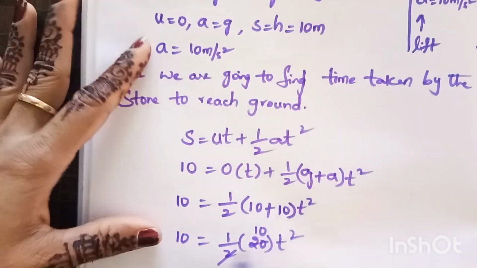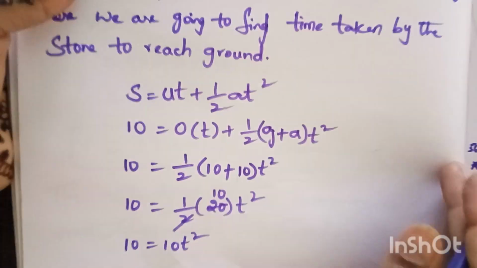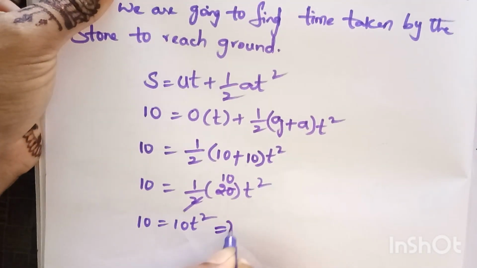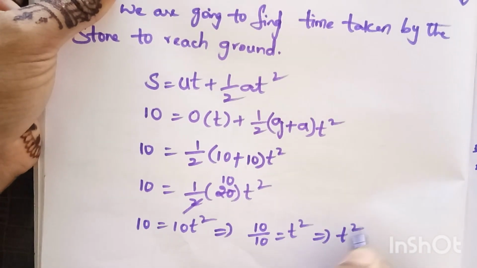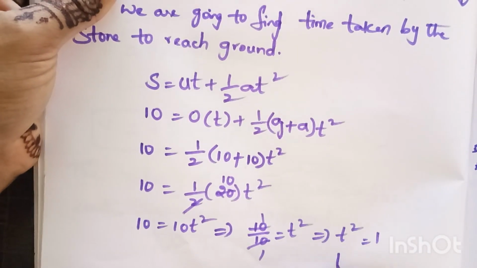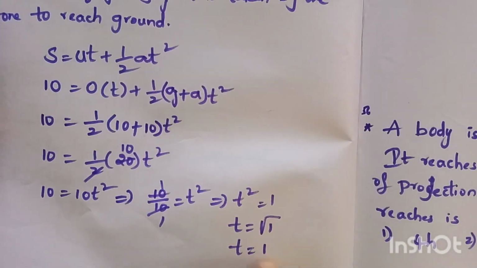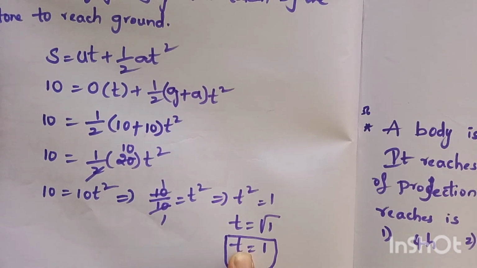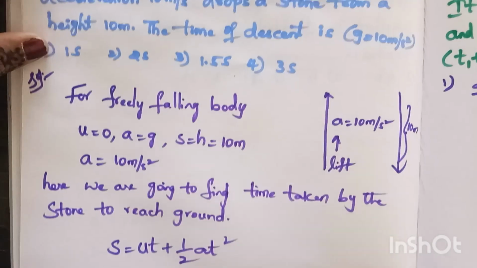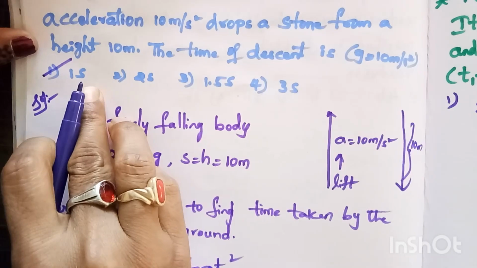So what we get here is 10 equals 10 t square. 10 by 10 equals t square. t square equals 1. t equals root 1, so t equals 1. So the time taken by the stone of height 10 meters dropped from the lift to reach the ground is 1 second.